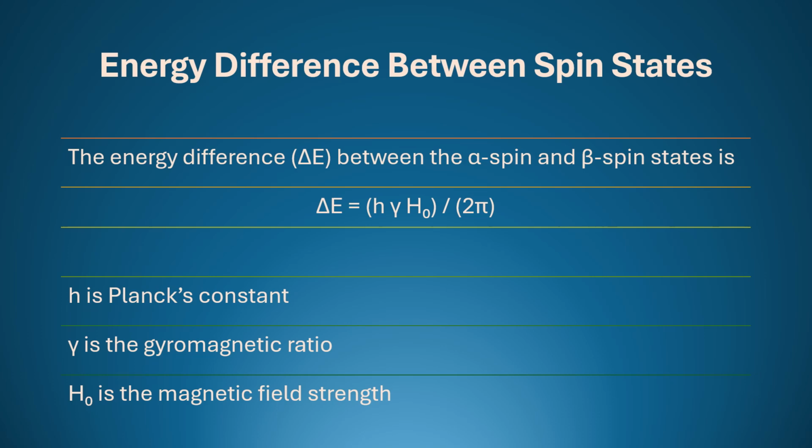Once the nucleus absorbs the energy, it flips from the alpha spin state to the beta spin state. This change in spin state is what allows NMR to generate detectable signals. These signals are then analyzed to determine key information about the sample, such as its molecular structure and chemical environment.